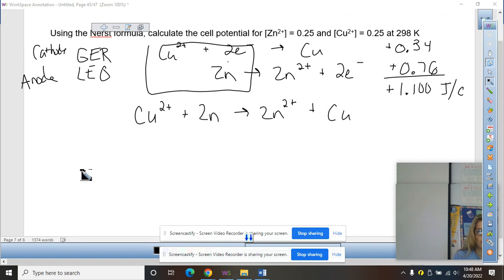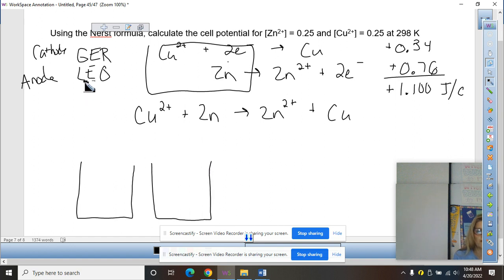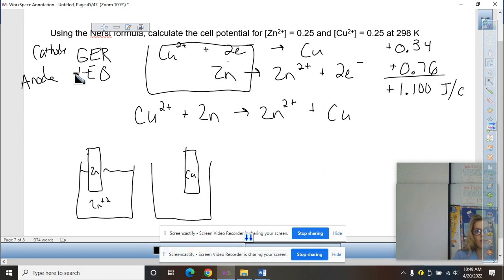So if we have our battery, our anode is a strip of zinc metal, so we have zinc solid, and at our anode we have our zinc solution. Then we have our copper metal for our cathode, reduction at the cathode.